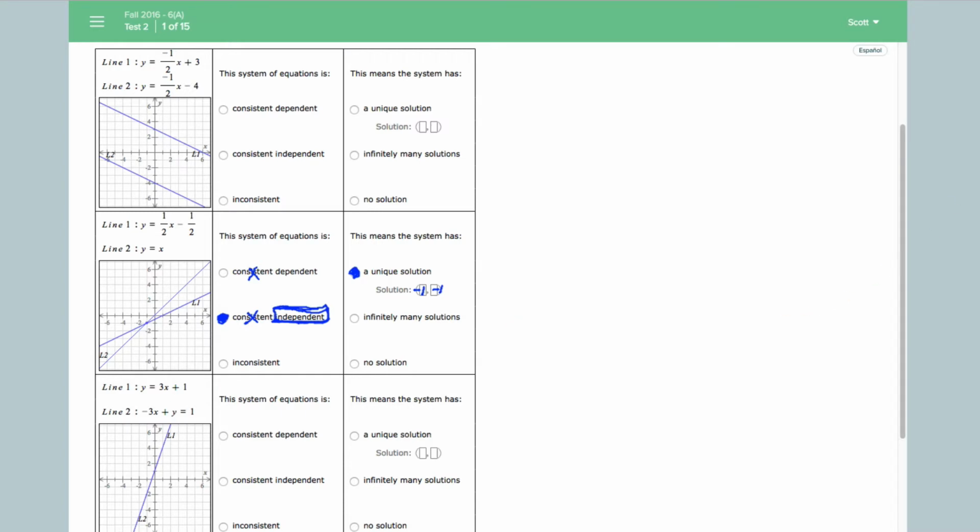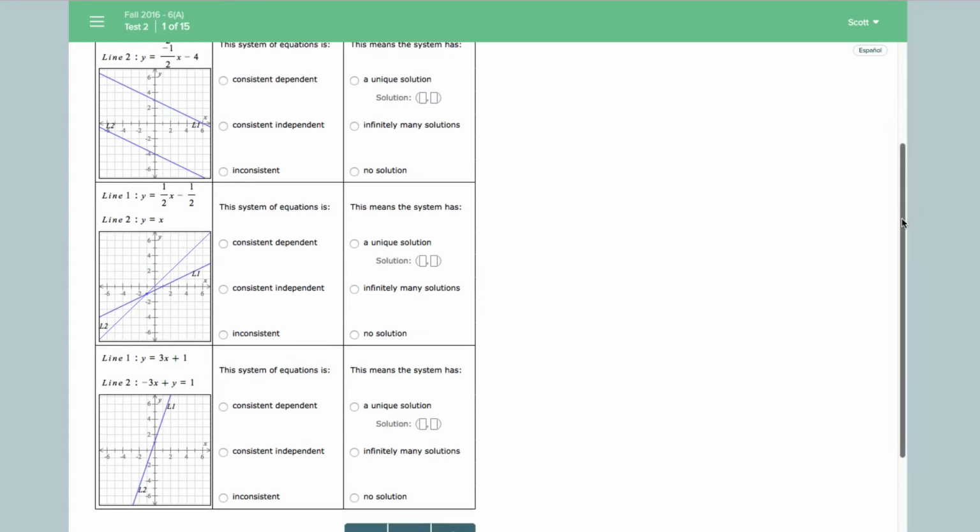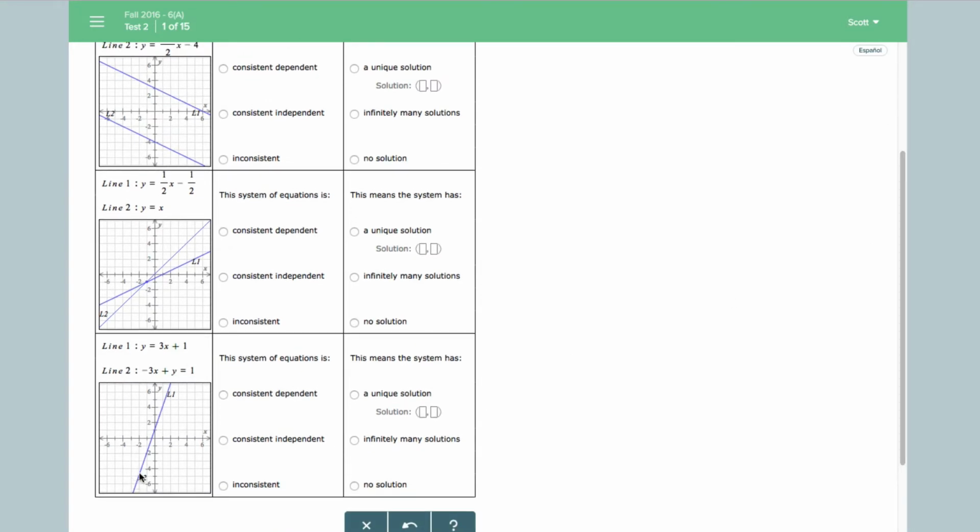Now, if I look at the bottom, I see that the graph creates one line right here, and I'm not drawing it very straight, but it's line 1 and line 2.